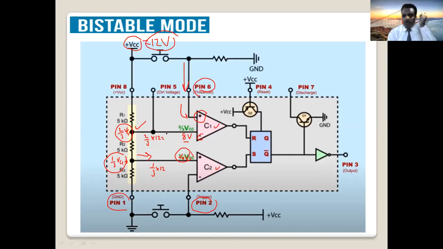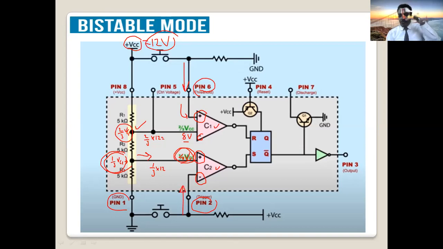With a 12 volt battery, multiplying by 2/3 gives 8 volts fixed. For the second comparator, the positive terminal always comes from the divider: 1/3 of the battery, so 4 volts is fixed. The negative terminal is connected to pin number 2.